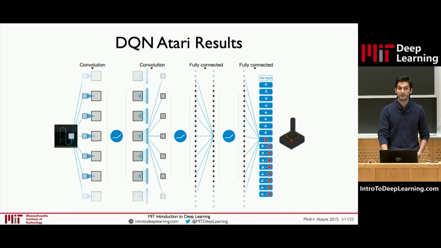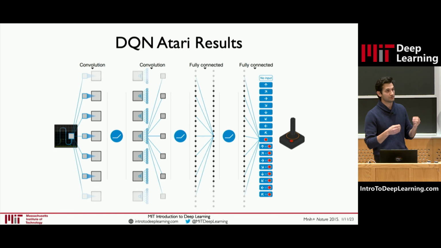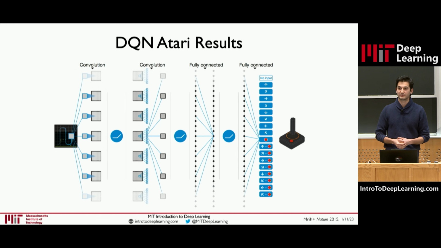Now, one very popular or very famous approach that showed this was presented by Google DeepMind several years ago, where they showed that you could train a Q-value network, and you can see the input on the left-hand side is simply the raw pixels coming from the screen, all the way to the actions of a controller on the right-hand side.